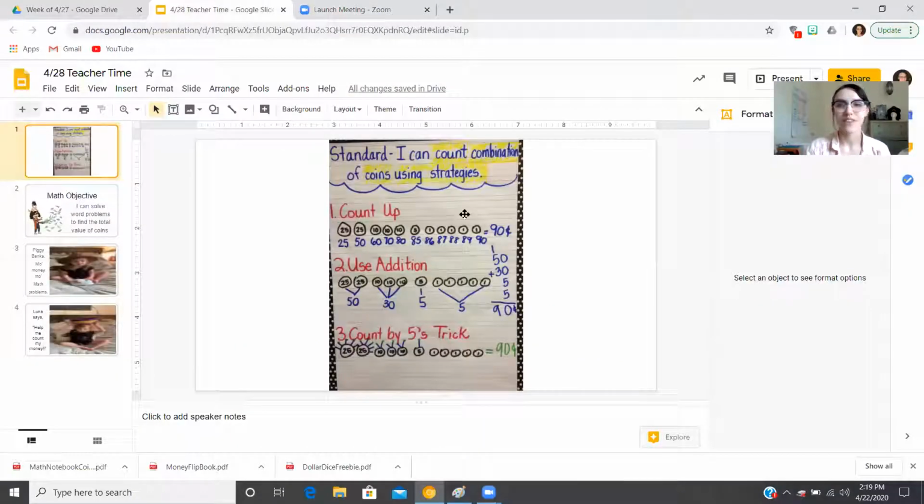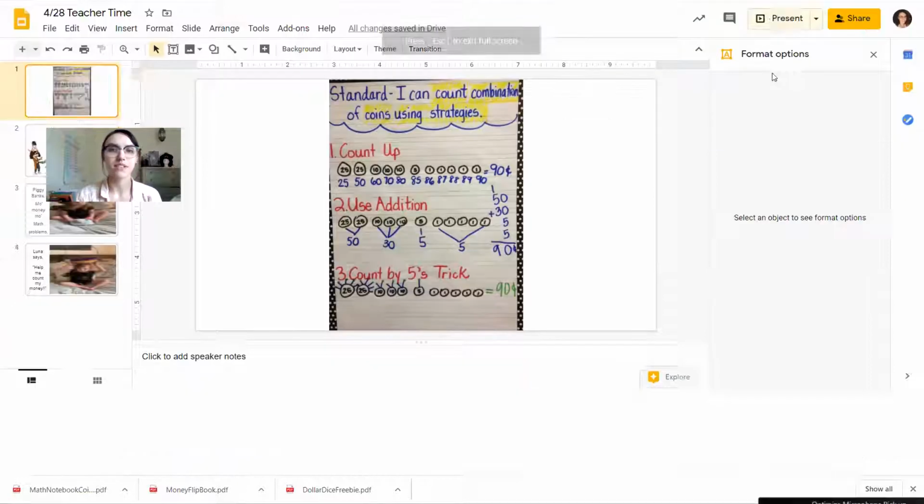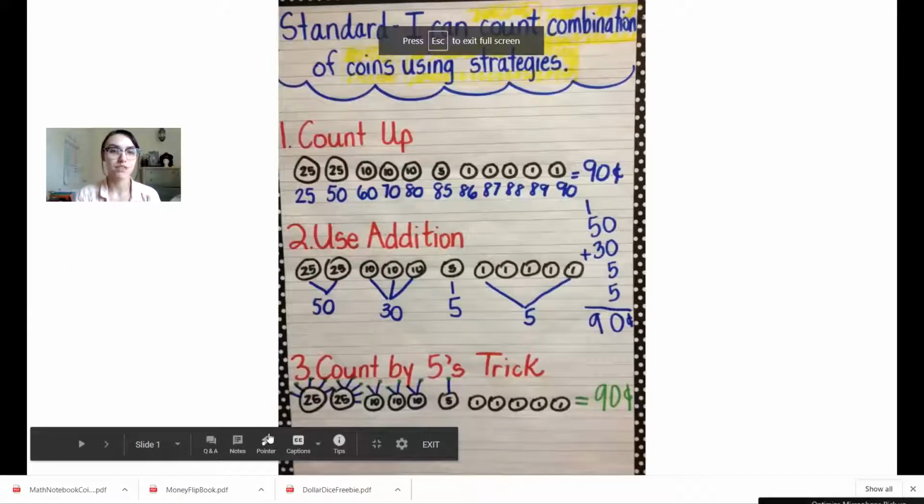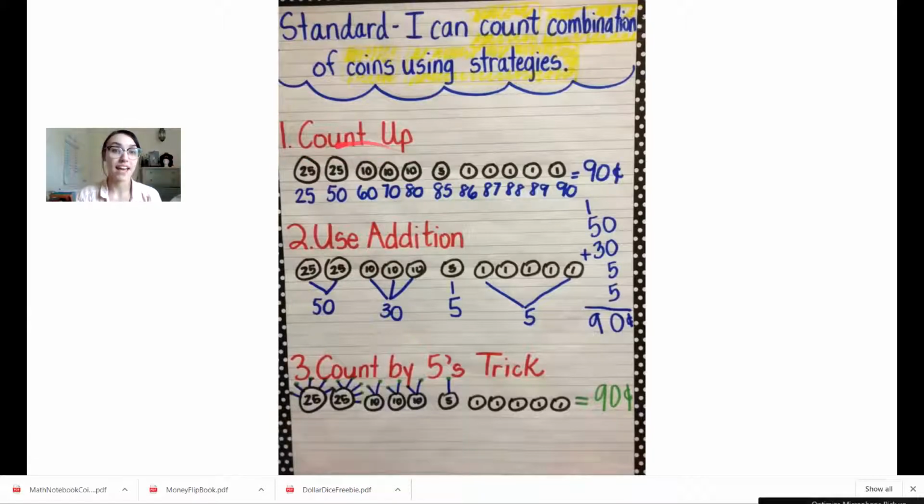All right, so looking at this anchor chart here, this is just reviewing some of the strategies that we can use to count coins. So the first strategy presented is counting up. Notice that they did exactly what we did yesterday. They sorted these coins into the different groups. So they have the quarters together, they have these dimes together, they have a nickel right here, and they have all the pennies together.